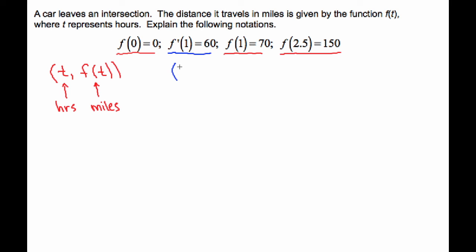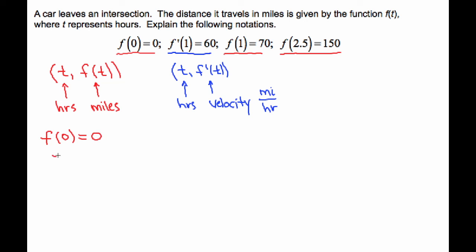As far as the derivative is concerned, t followed by the derivative at t represents the time traveled in hours as the input, and the output is the velocity. And the velocity is the change of output per change of input, so this velocity is measured in miles per hour.